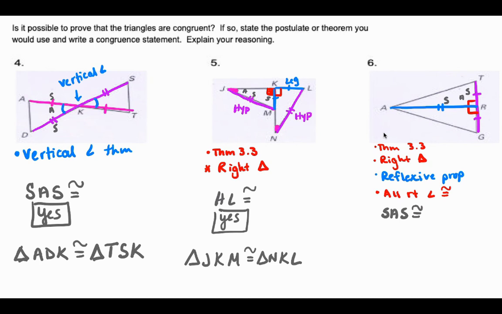We happen to have both of the legs identified, nothing on the hypotenuse, but all right angles are congruent. And this was side, angle, side congruence. Spelled that backwards, didn't I? Let's fix that. So this is, yes, they are congruent triangles. Triangle ART. In the other triangle, A corresponds to A, R corresponds to R, and the G corresponds to T.